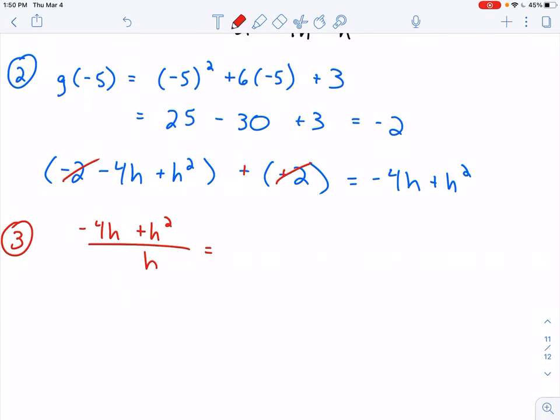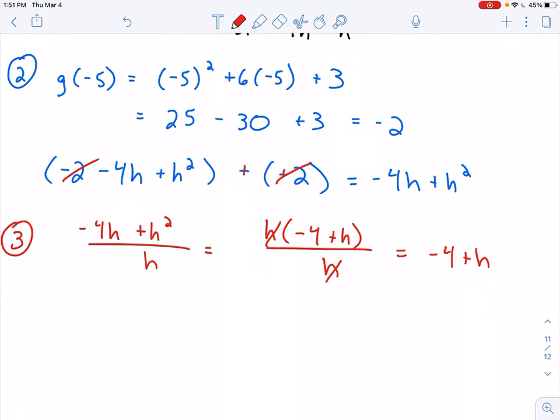I can't do that quite yet, but if I look at my numerator, I can go ahead and factor out h. There's a greatest common factor of h. So let's go ahead and factor that. Leaves me with negative 4 plus h divided by h. And then look at that, those two cancel, leaving me with negative 4 plus h. Again, there's nothing more I can do.